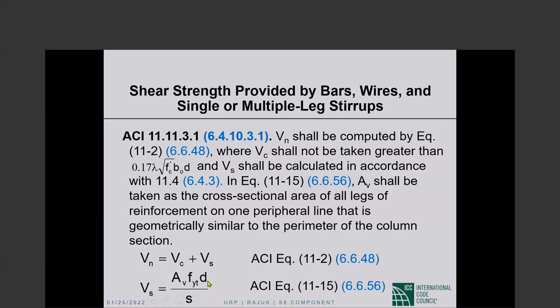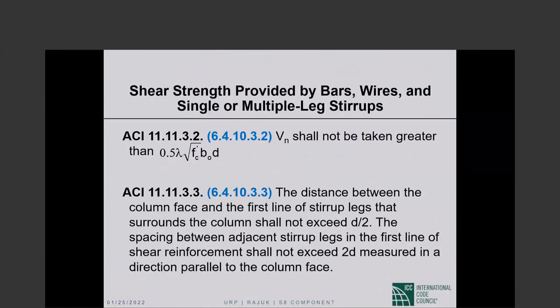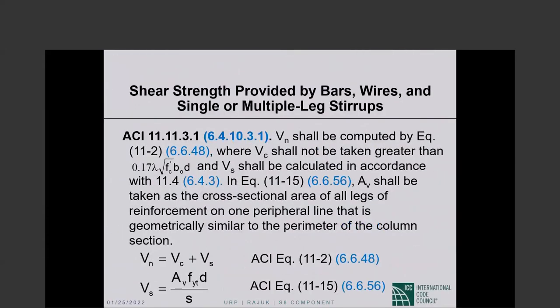V sub S is given by this expression that you have seen before for beam design, but there are a couple things that are kind of important. A sub V shall be taken as the cross-sectional area of all legs of reinforcement on one peripheral line that is geometrically similar to the perimeter of the column section.